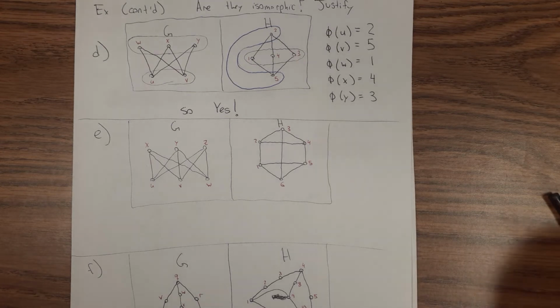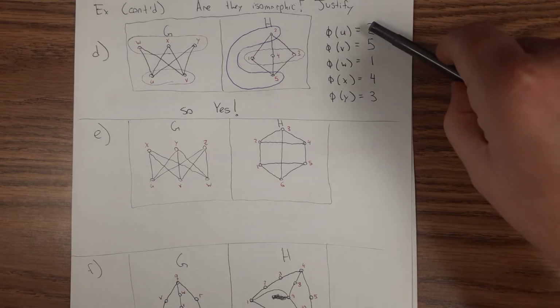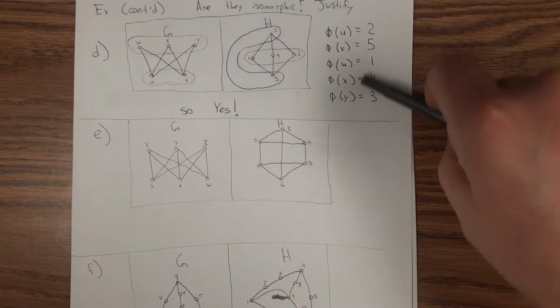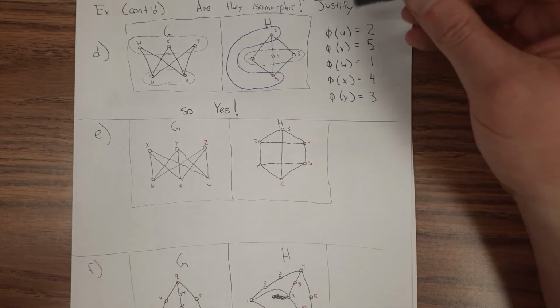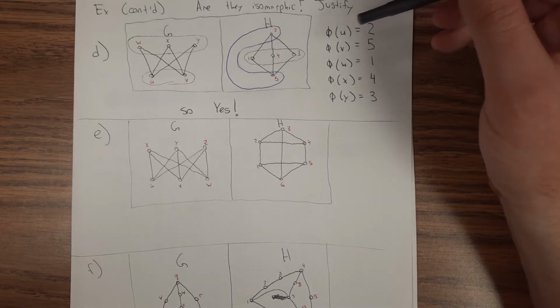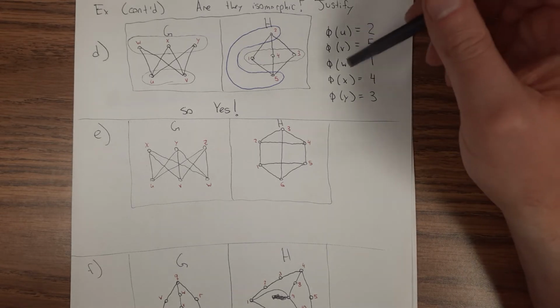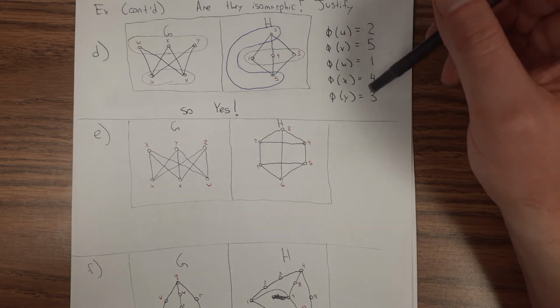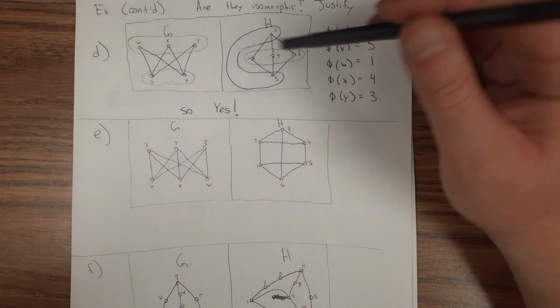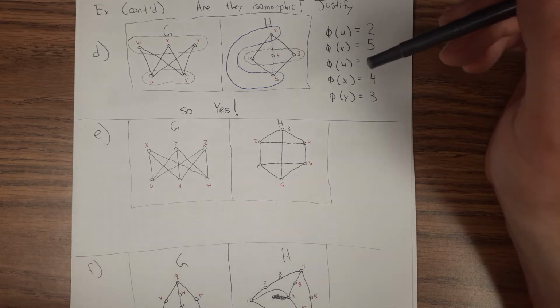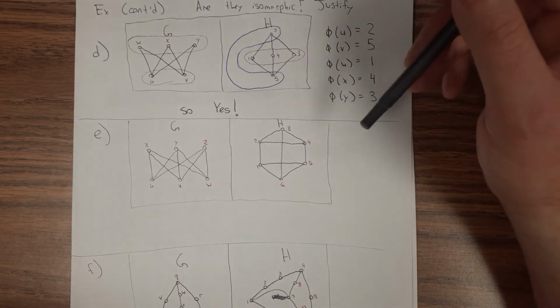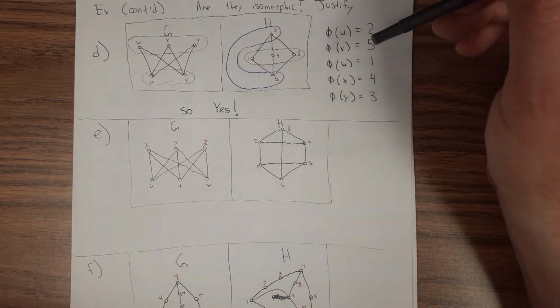One thing you can do is just try harder. That's always an option. Of course, in the end, you can list every possible bijection between the two sets of vertices and check whether each one is an isomorphism. Of course, you'll be checking for a really long time, but that's something you could do.